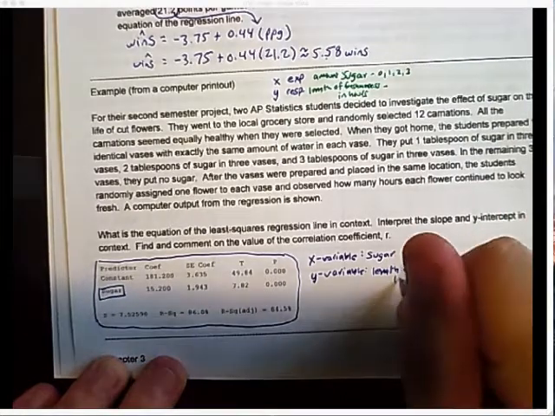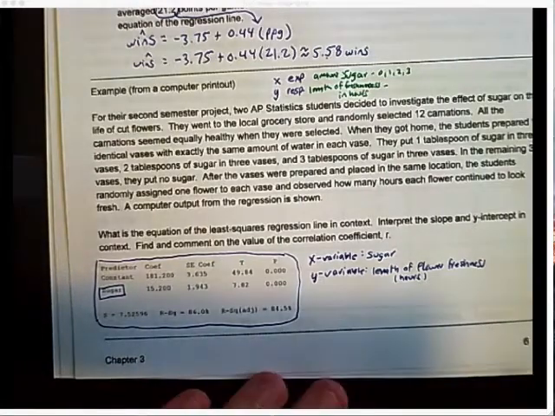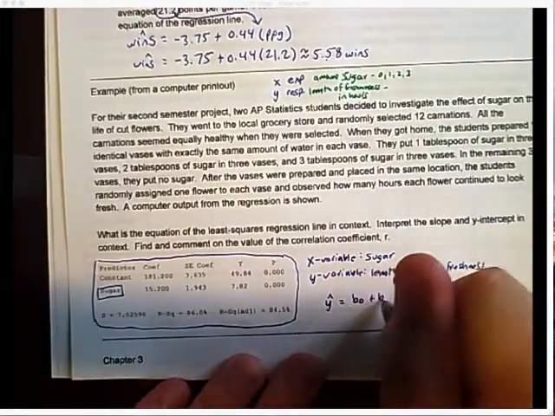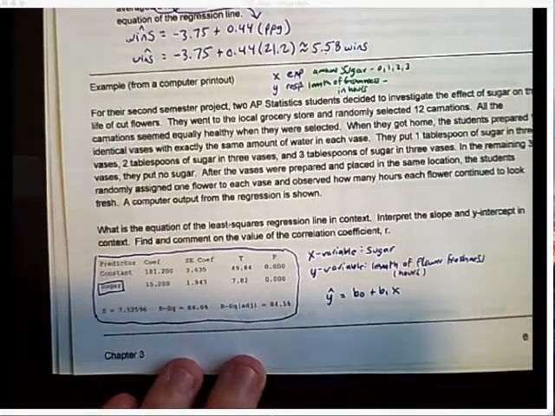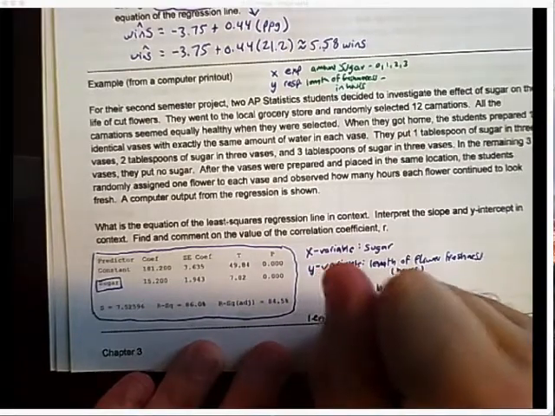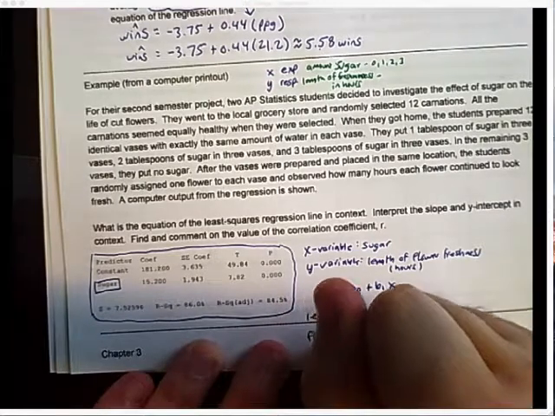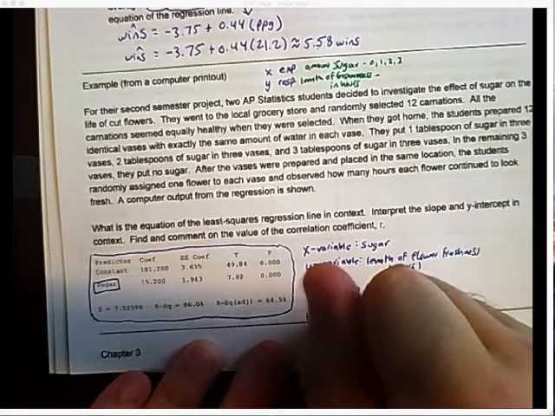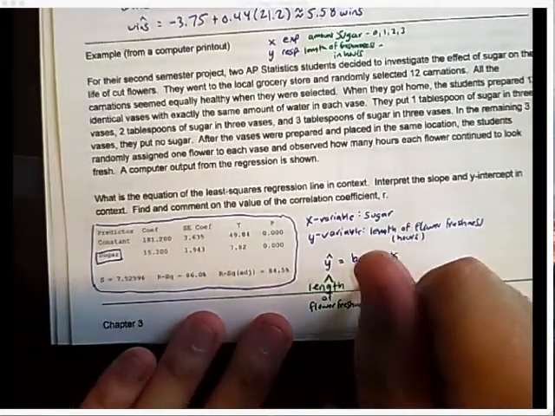In hours. So as I start to write my prediction equation, remember it's y hat equals b0 plus b1x. Well, what is y? Y is the length of flower freshness. So instead of writing y hat, I'm going to say predicted length of flower freshness equals.